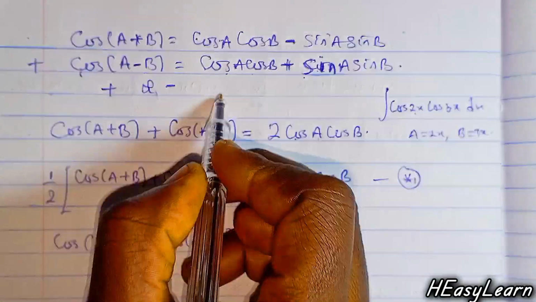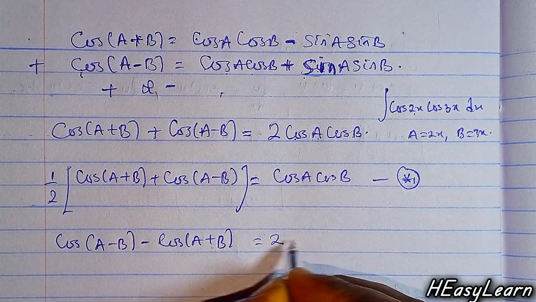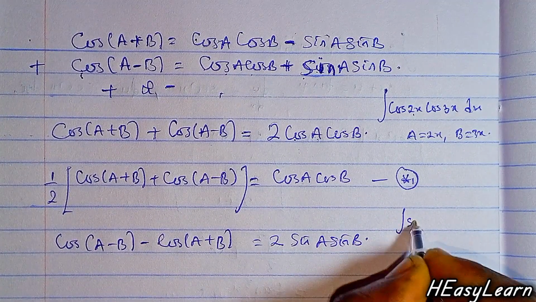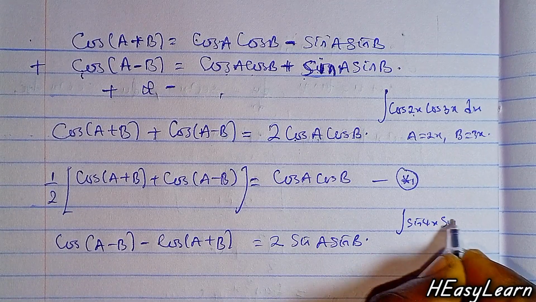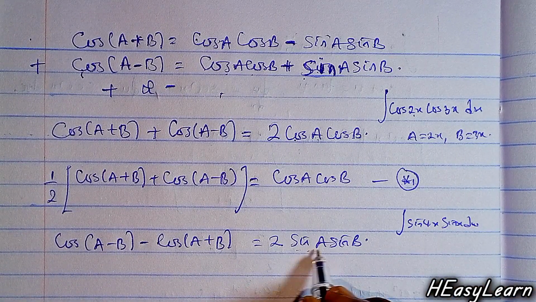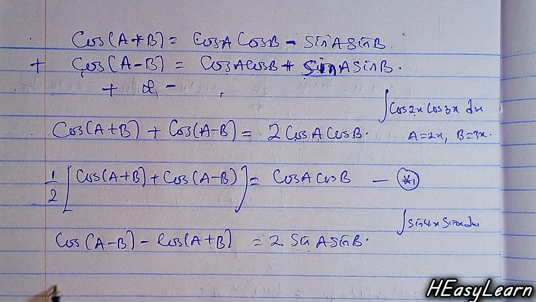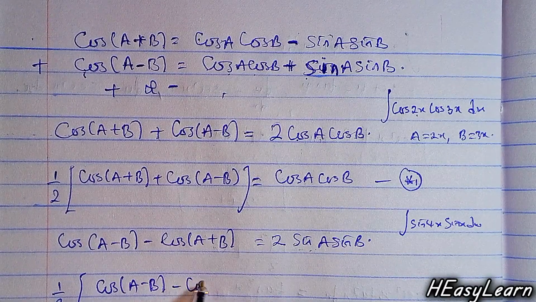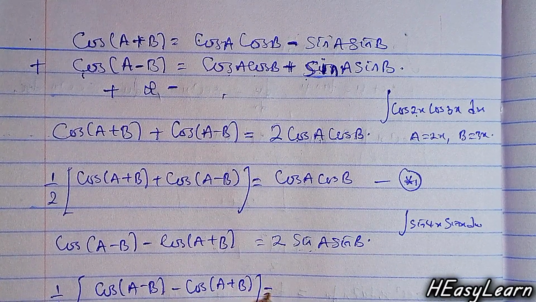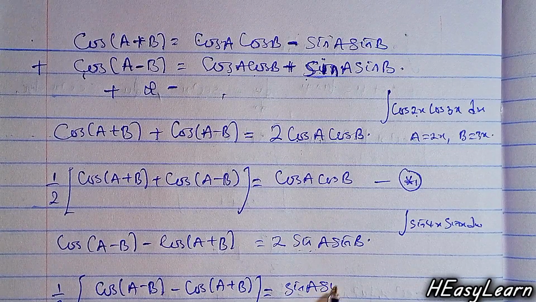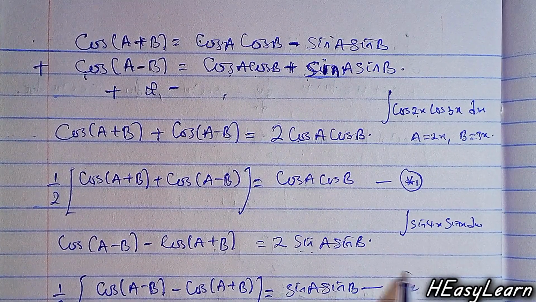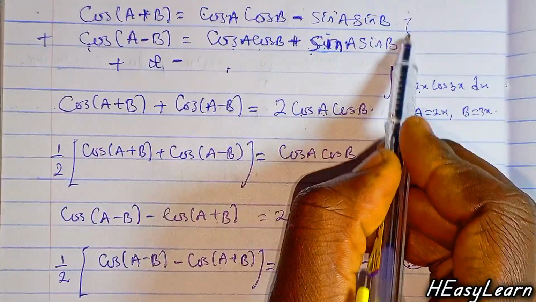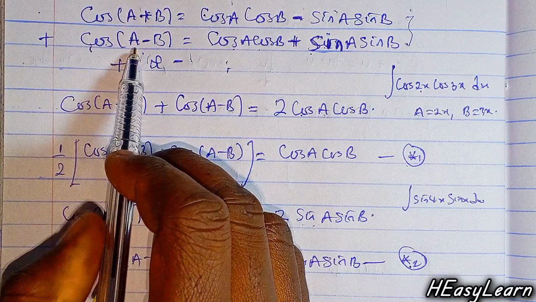Here the cosine terms go away, and here you are going to have twice sin A sin B. Again, if you are asked to integrate sin 4x sin x dx, this is in the form of sin A sin B. We don't need the 2, so take 2 to the other side: 1 over 2 cos(A minus B) minus cos(A plus B) is the same thing as sin A sin B. Name this star 2. Equations star 1 and star 2 are formed by adding and subtracting these two equations.